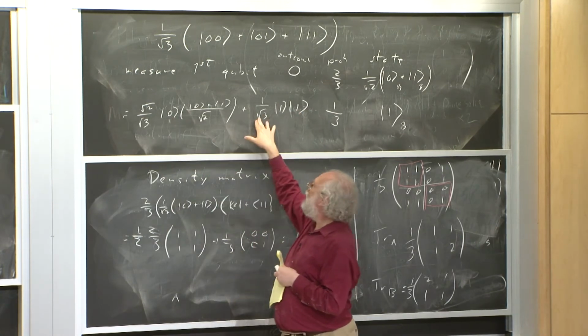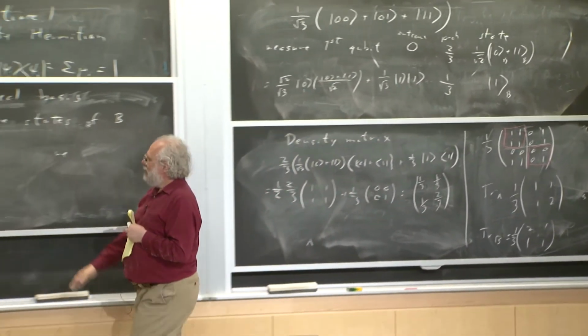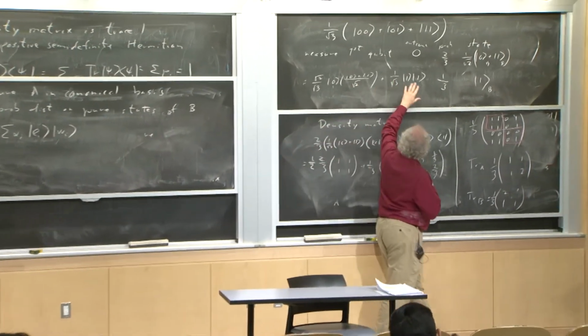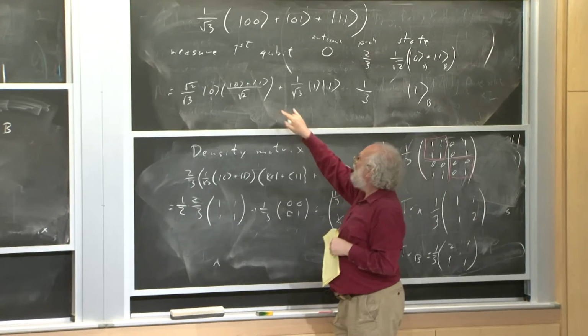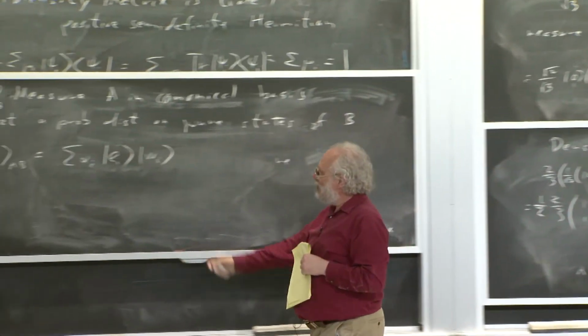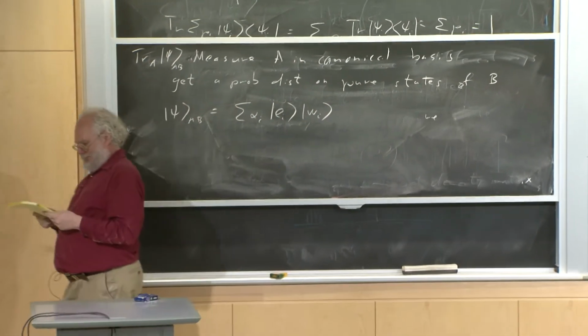So 0 and 1 are these E sub I, and these are the W sub I, and the probabilities are these things squared. And those are the alpha I.